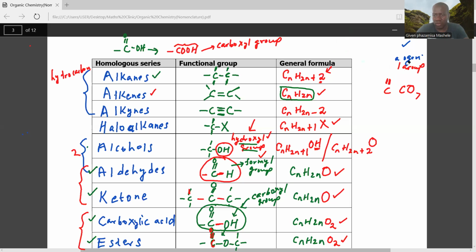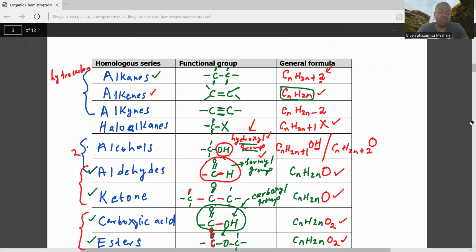The 9 homologous series, their general formula, their functional group, and also their suffix when we're actually naming, which we'll talk about. When naming an alkane, the suffix should end with ane.